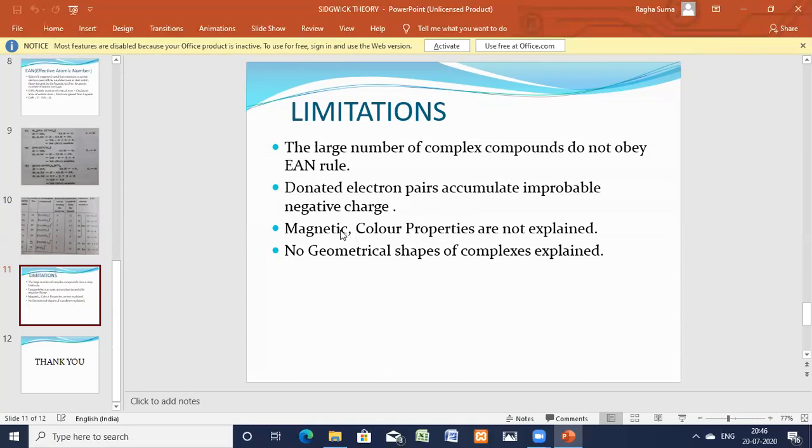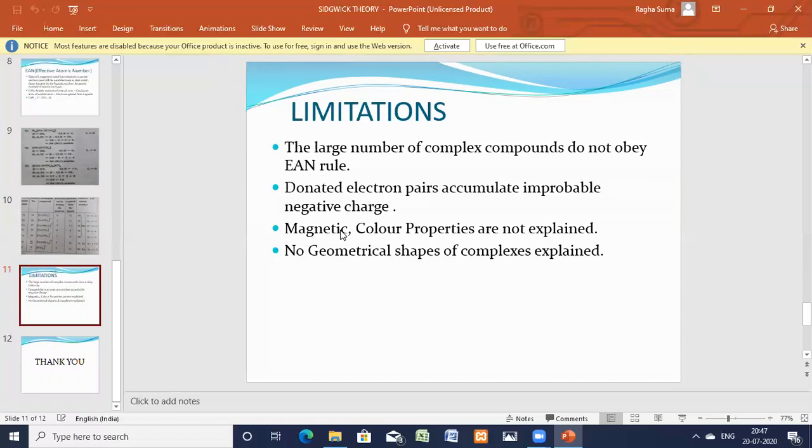Magnetic properties, as I've told you, diamagnetic, paramagnetic, ferromagnetic substances, such types of magnetism are not explained. And most complexes exhibit color, but why was not explained by the Sidgwick theory.